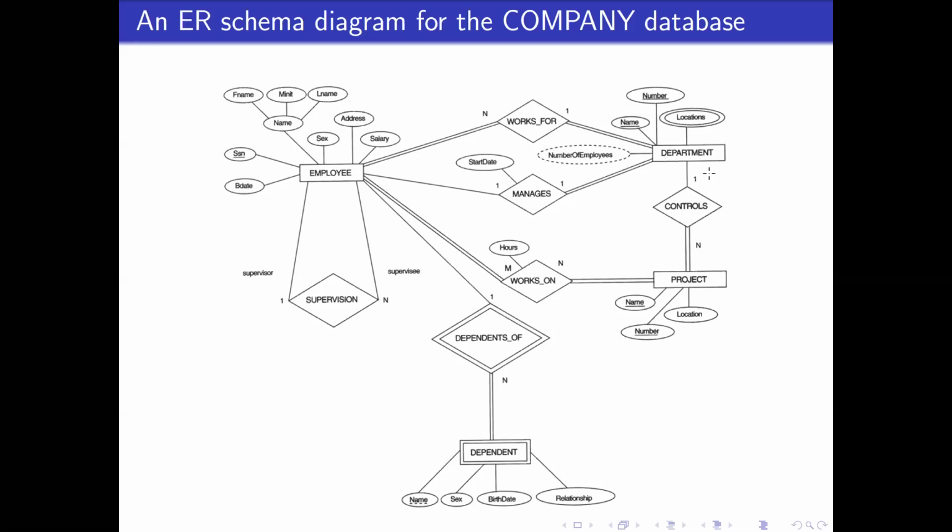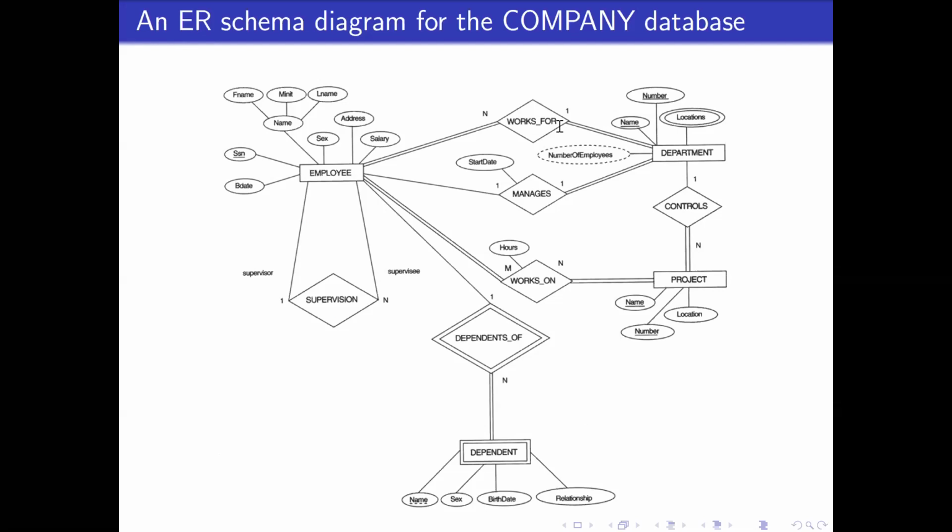Now, can you explain the department and project? Likewise, the maximum cardinality as well as the minimum cardinality. Can one of you explain the relationship between department and project? One department can have several projects, but one project belongs to only one department. Good. And can you explain total and partial as well?